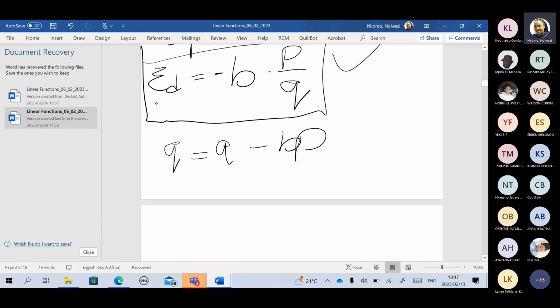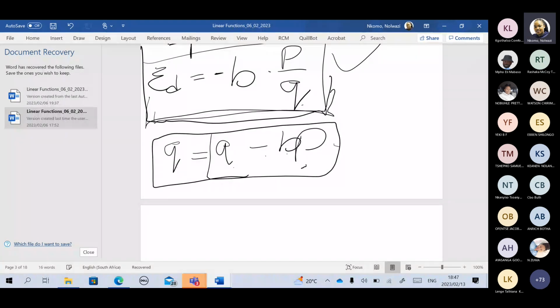And I said we can use this equation as the general equation for determining the elasticity of demand, which is minus B times P over Q. If you are told to leave your answer as a function of P, you just have to take this Q and substitute it back here.